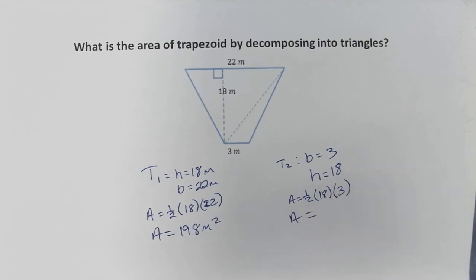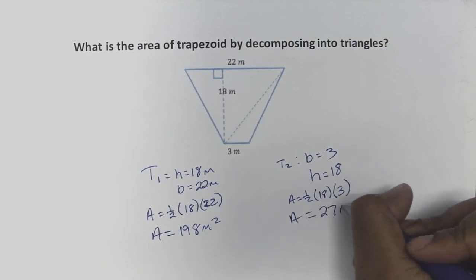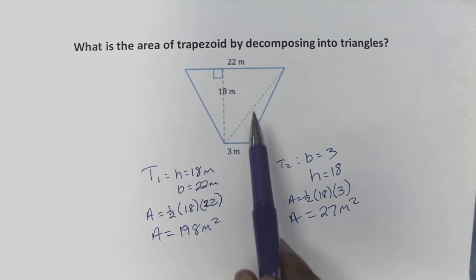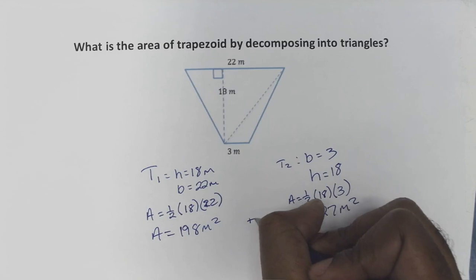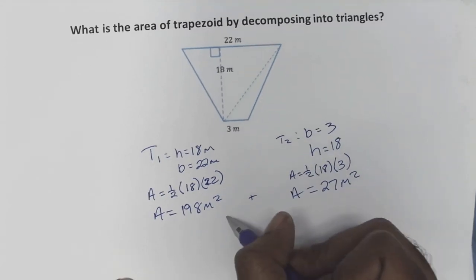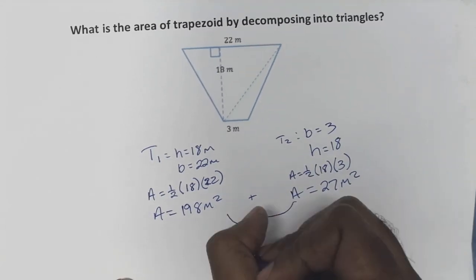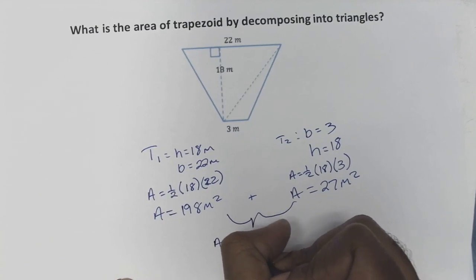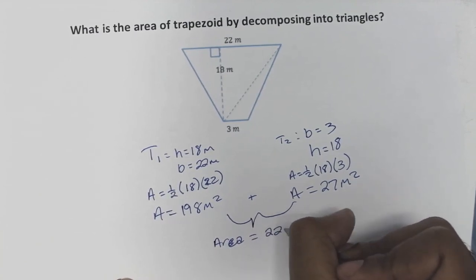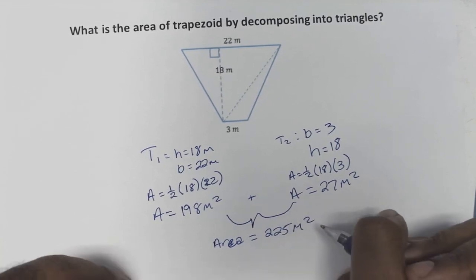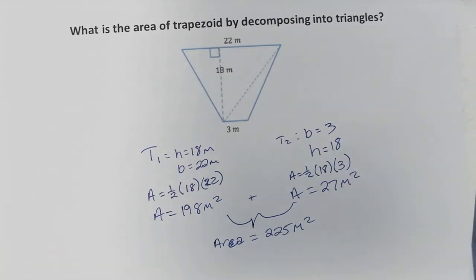So the area of this is 27 meters squared. So now that I have that, I can find the area of my total trapezoid by adding my two areas together to give me an area of my trapezoid of 225 meters squared. Good job, y'all.